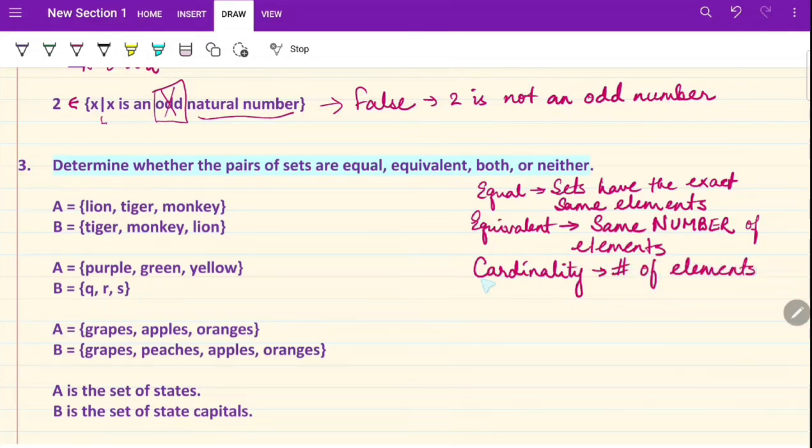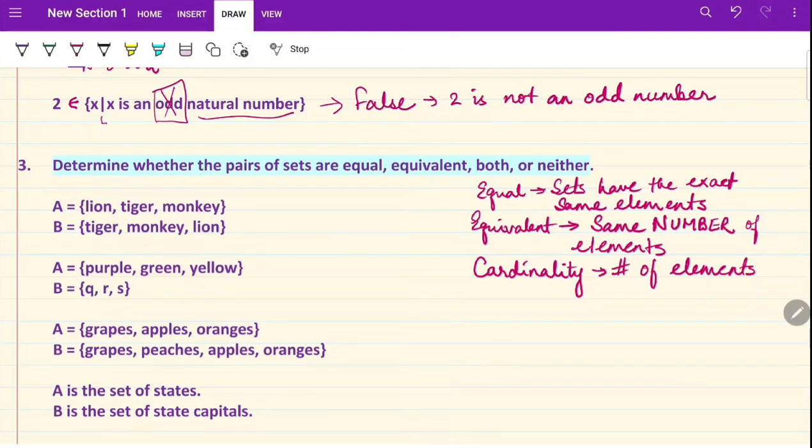So these are some terminologies that we had learned when discussing the concepts in set theory. So 2 sets are equal if they have exactly the same elements, though they may not have been arranged in the same order, but as long as the element values are all the same, they are equal. Equivalent refers to sets that have the same number of elements, and cardinality refers to the number of elements. So cardinality is a numerical value.